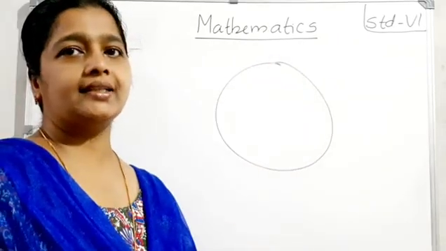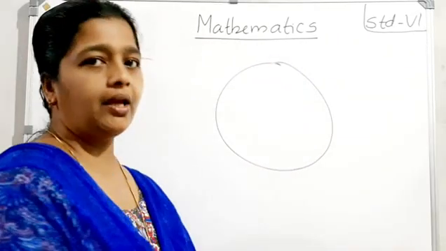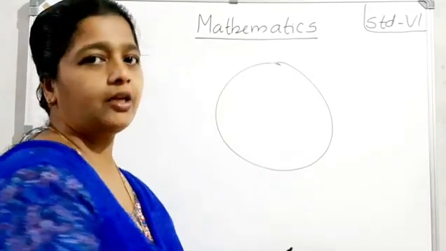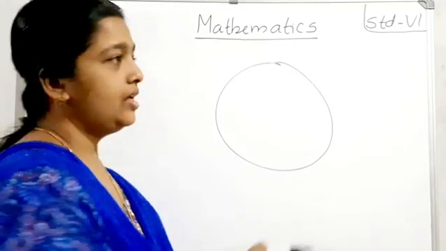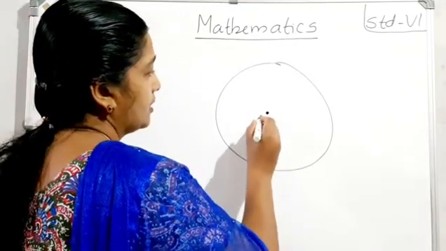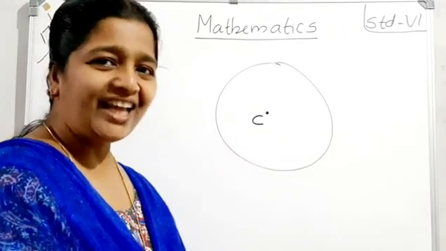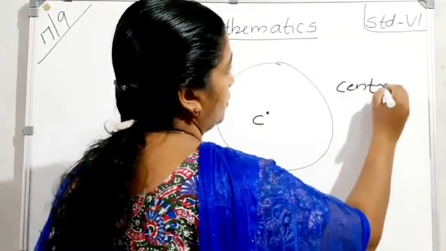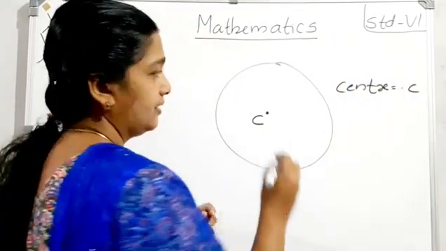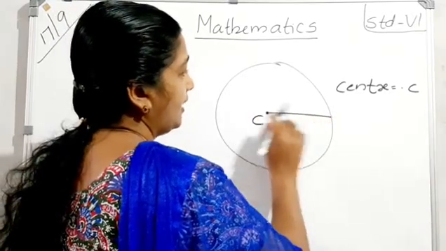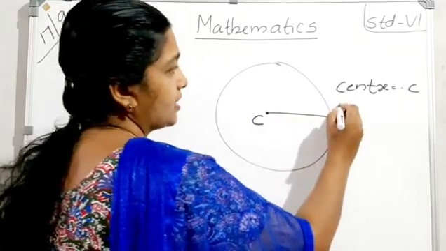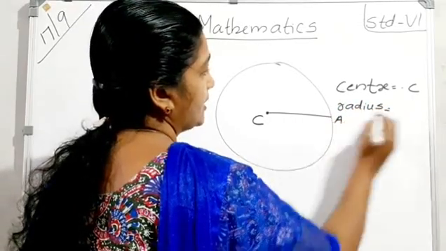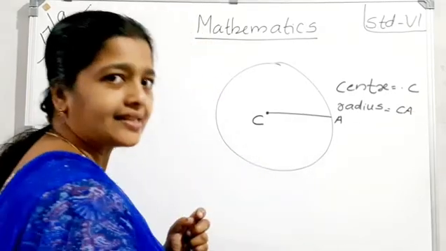Draw a circle and mark the important points: segment, chord, diameter, etc. This is known as the center of the circle, point C. The distance between the center and a point on the circle is known as the radius. CA is called the radius.